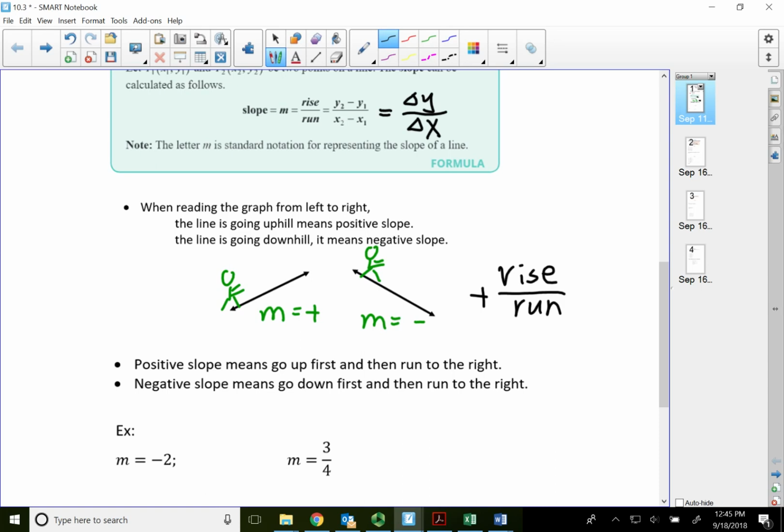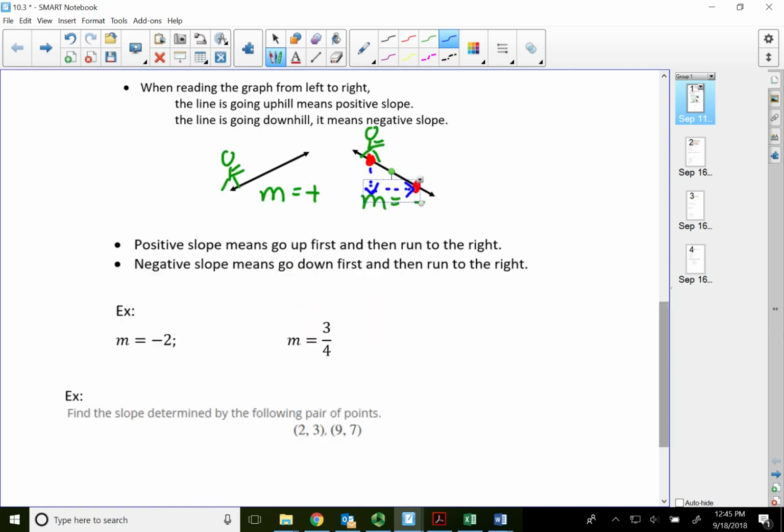But if I ever have a negative slope, it means we will go down so many first and then run to the right. So if we go from this point to this red point, to get there, we actually go down so many places first and then run to the right. Okay?